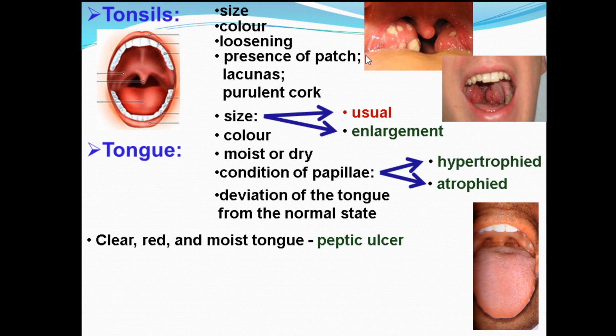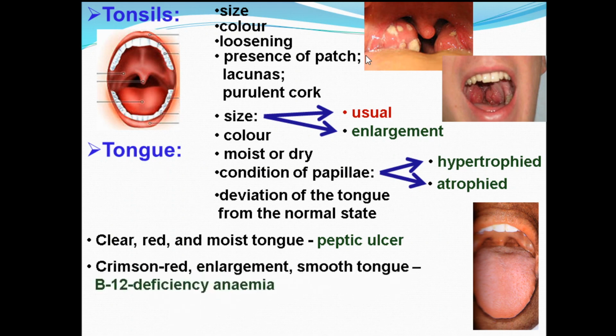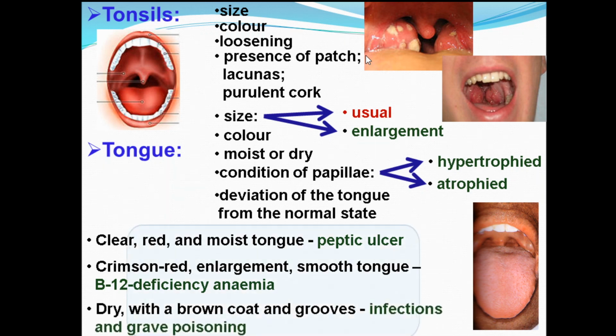If you reveal a clear red and moist tongue, it may be a result of peptic ulcer. A crimson red, enlarged, smooth tongue with atrophied papillae is a result of B12 deficiency anemia. A dry tongue with brown coat or growth is characteristic of some infectious diseases or grape poisoning.